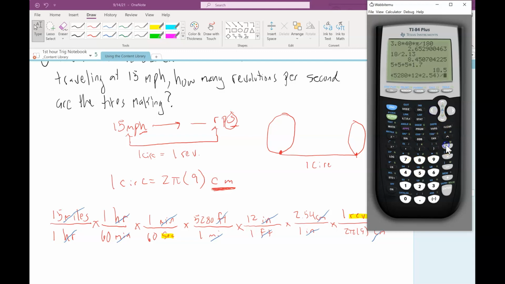Put the whole numerator in parentheses, and then I'll put a division symbol. Now put the whole denominator in parentheses. 60 times 60 times 1 times 1 times 1 times 2 times pi times 9. Close my parentheses and press enter.